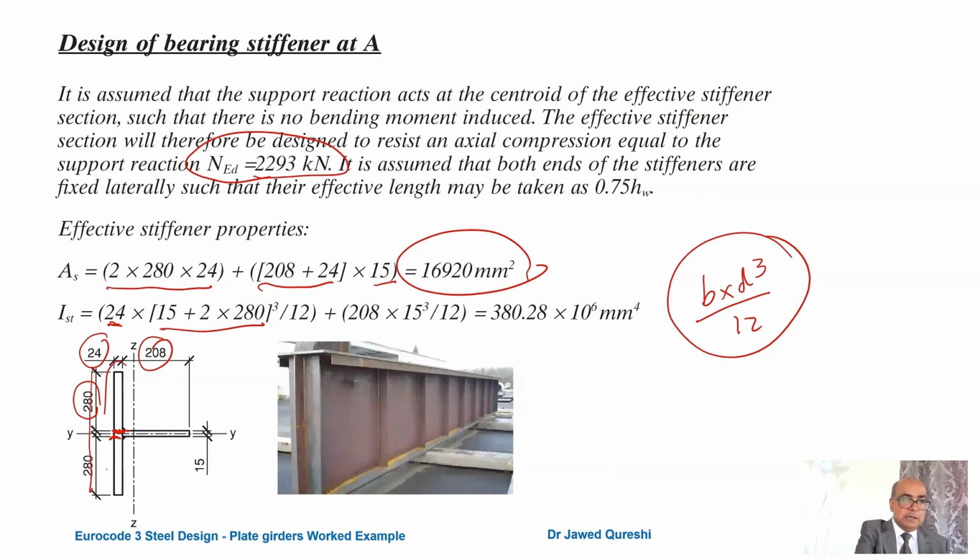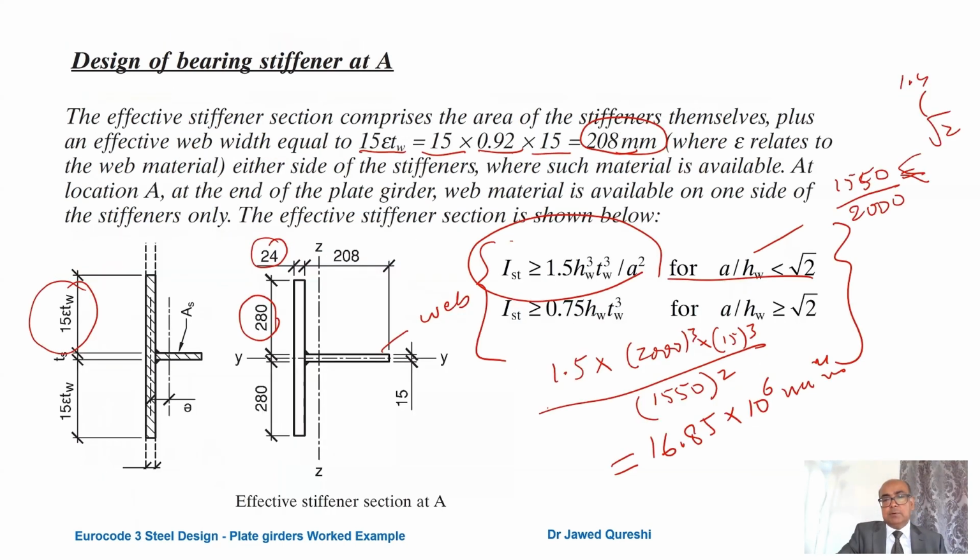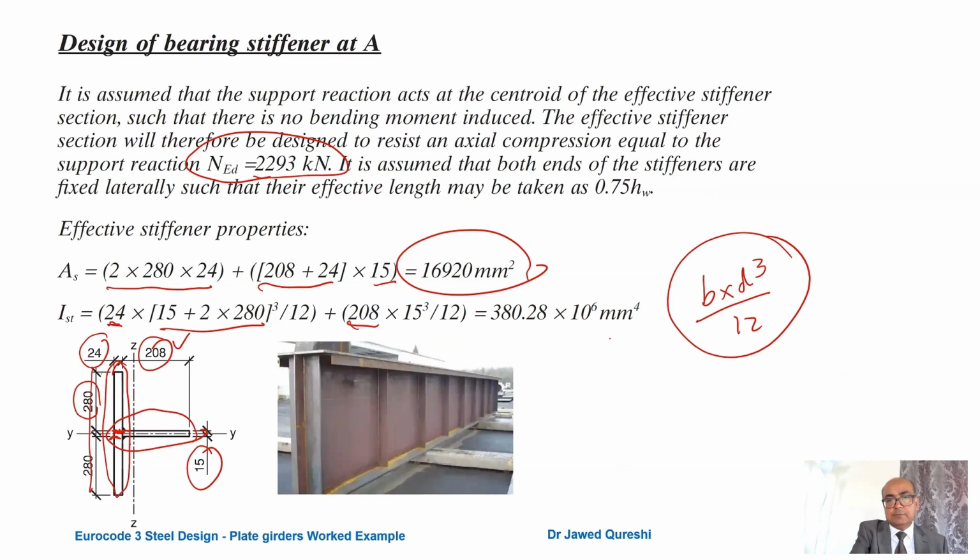It will give us the I for this section only. And then we have this flat portion where B is 208, the depth is 15. So 208 times 15 cube over 12, we get this 380.28 into 10 raised 6, which is greater than our minimum required 16.85. So this is greater than 16.85 into 10 raised 6 millimeter power 4. It means it is fine.